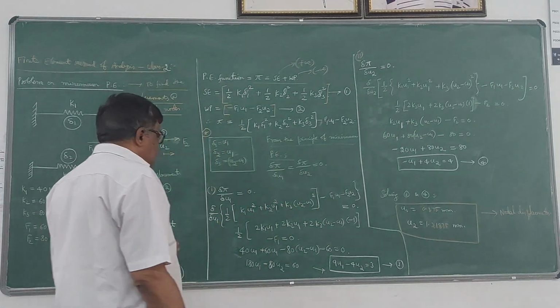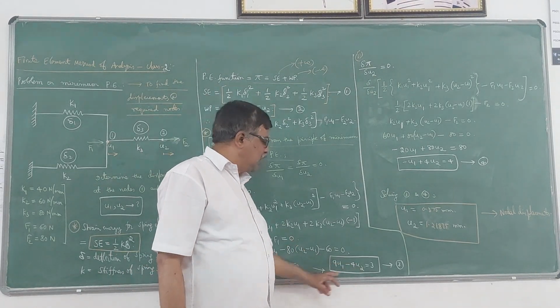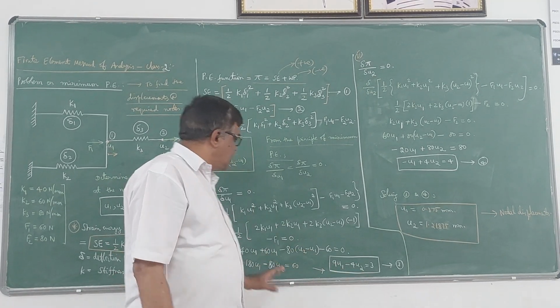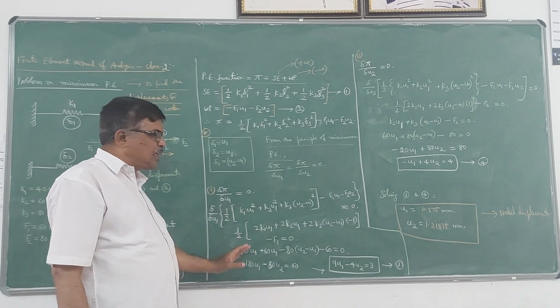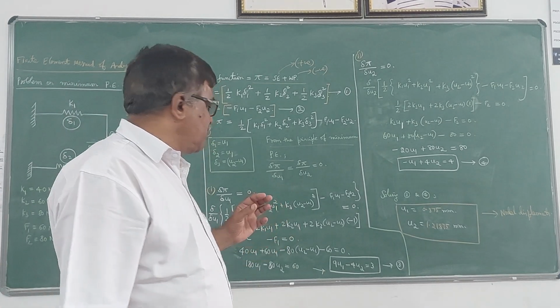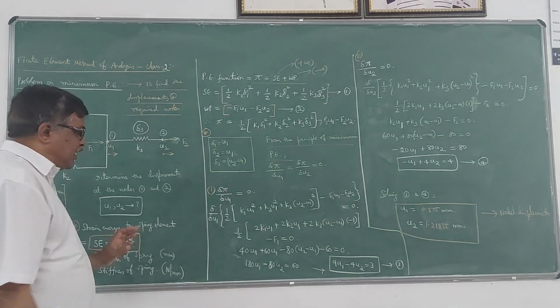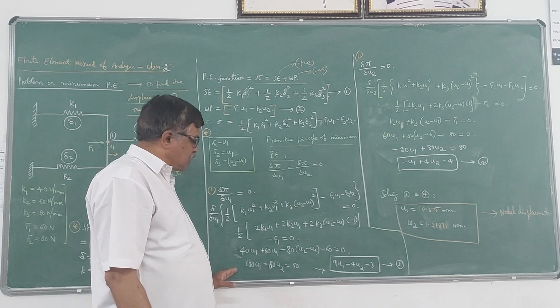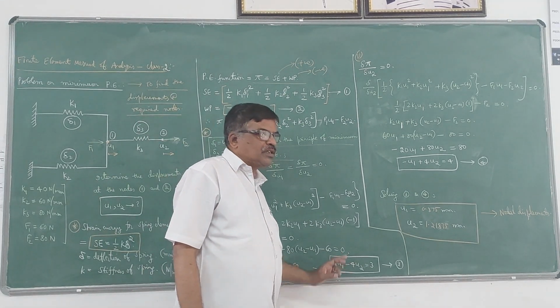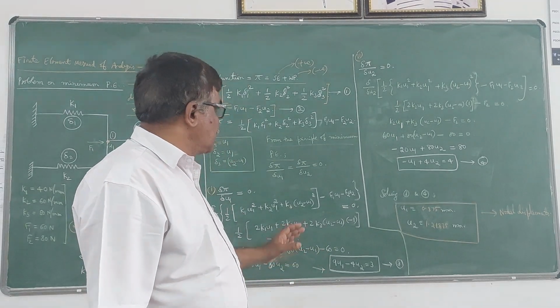If you do that, you get an equation in terms of u1 and u2 like this. This is the simplified equation. You can see that when I differentiated, I took u2 constant and only the u1 derivative is written. After substituting the values of k1, k2, k3 in the resulting equation and simplifying, we get the first equation, which is 9u1 minus 4u2 is equal to 3.